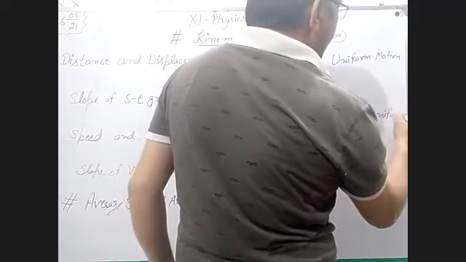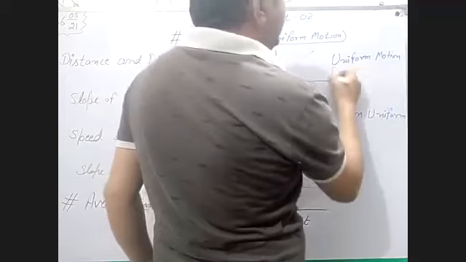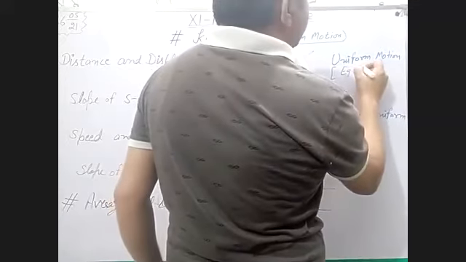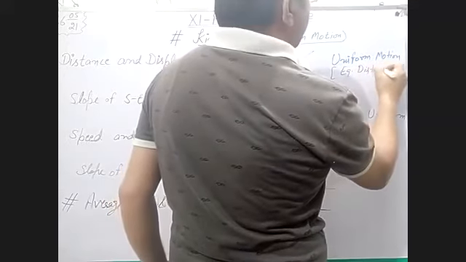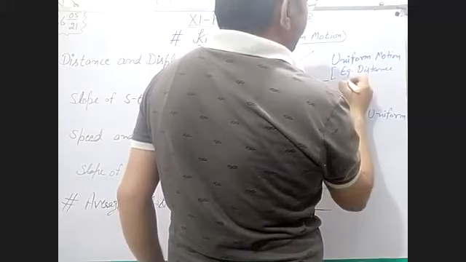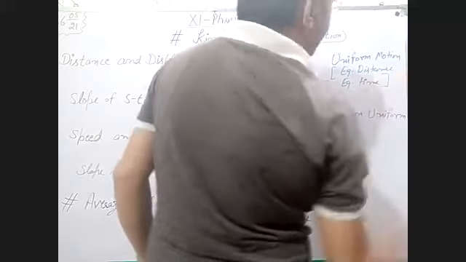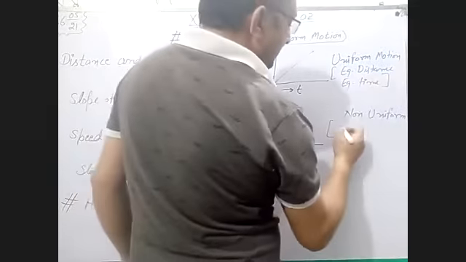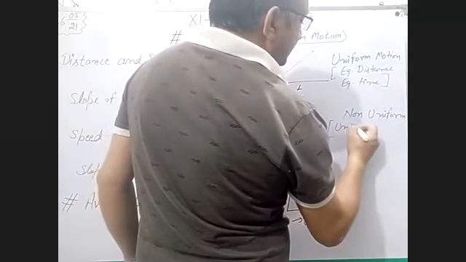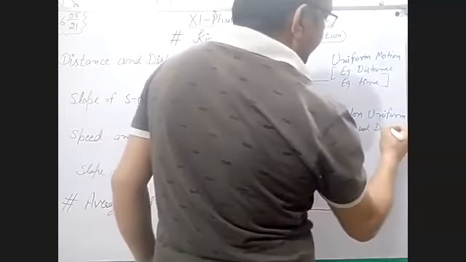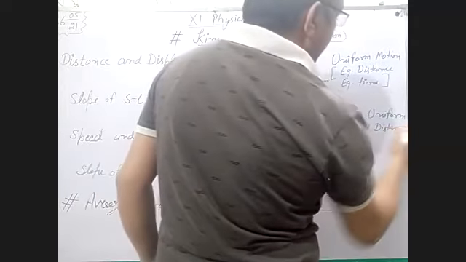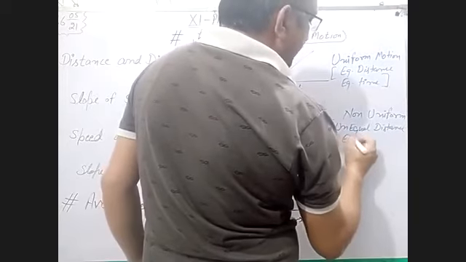What is uniform and non-uniform motion? In uniform motion, equal distance is covered in equal time. But in non-uniform motion, unequal distance is covered in equal time.